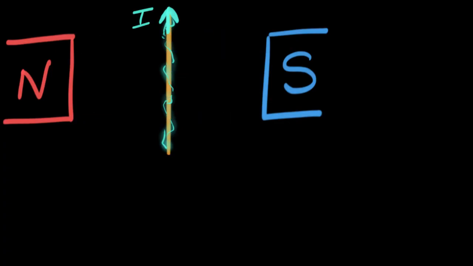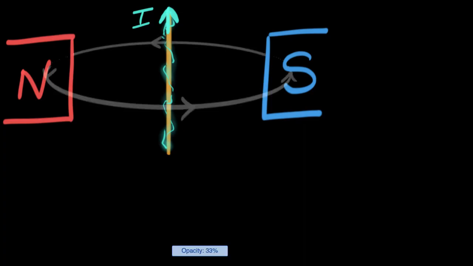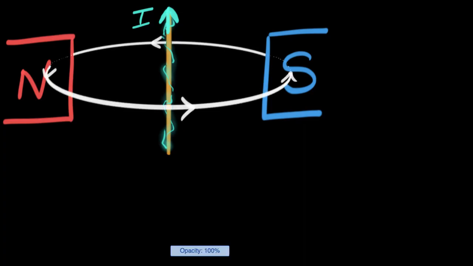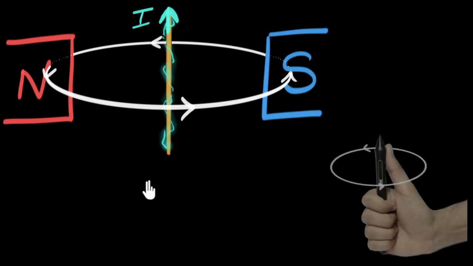We've seen before that the magnetic field due to a current carrying wire is in circles around it. And the direction is given by the right-hand thumb rule, where the thumb represents the direction of the current and the four fingers will represent the direction of the magnetic field. So the magnetic field runs like this.